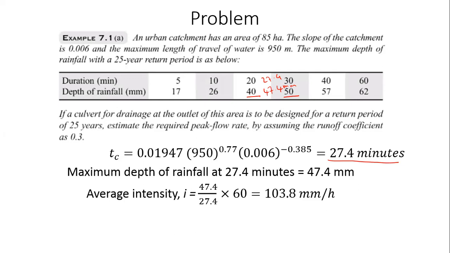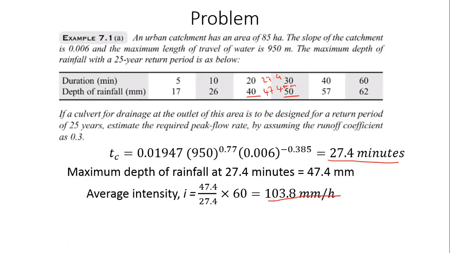So this is the intensity of rainfall that has been received up to T equal to TC, right? If you have 103.8 millimeters per hour for 27.4 minutes, you will receive 47.4 mm of rainfall, right?